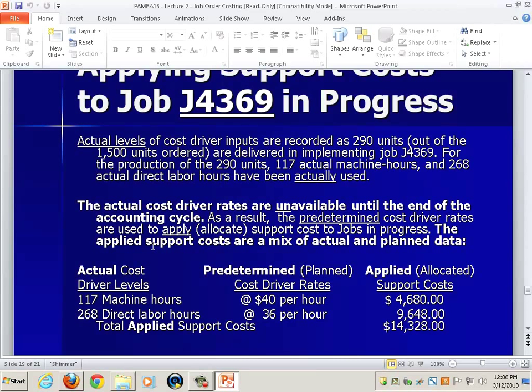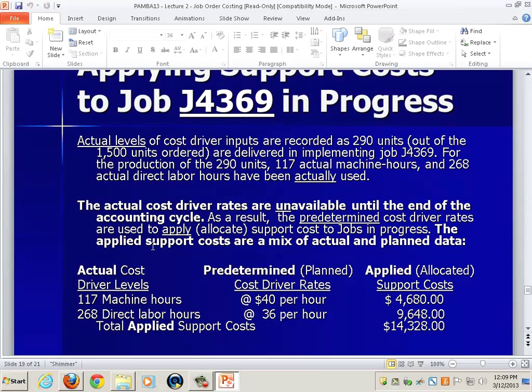But the rates, we don't have actual numbers, because remember how we derived the estimated rates, 40 and 36. We asked how much it would take us to produce all jobs for the entire period, the entire cycle, and the estimate was 4 million. How many machine hours will it take us to work for all jobs, and the estimate was 100,000.